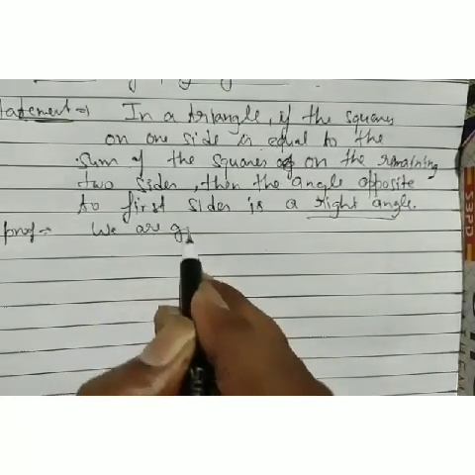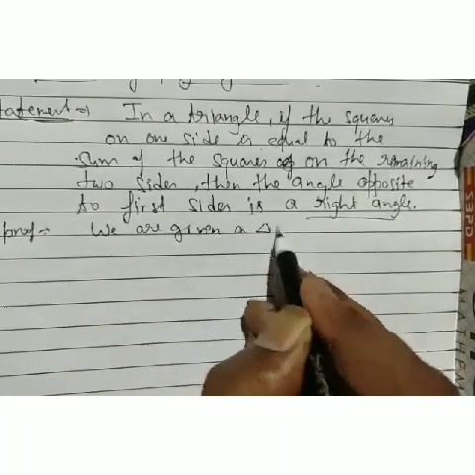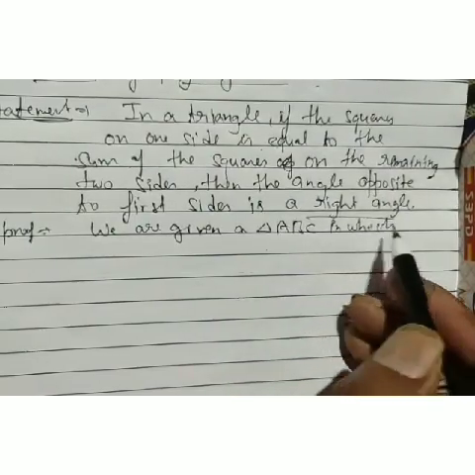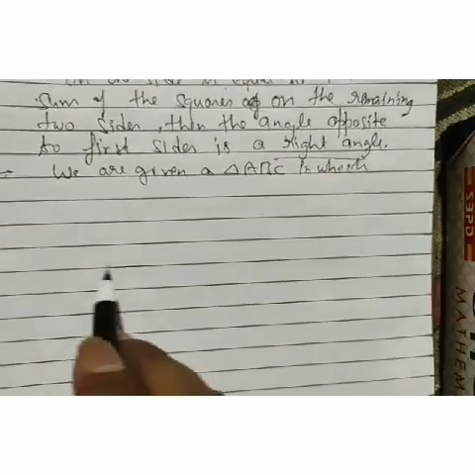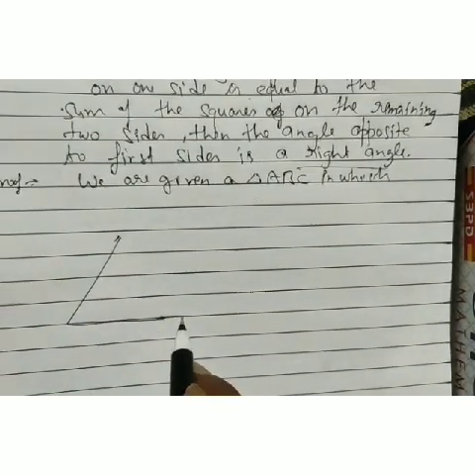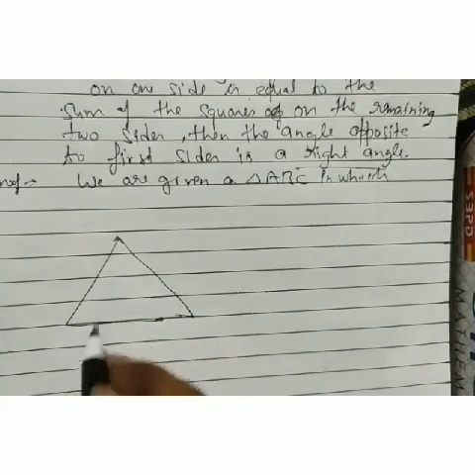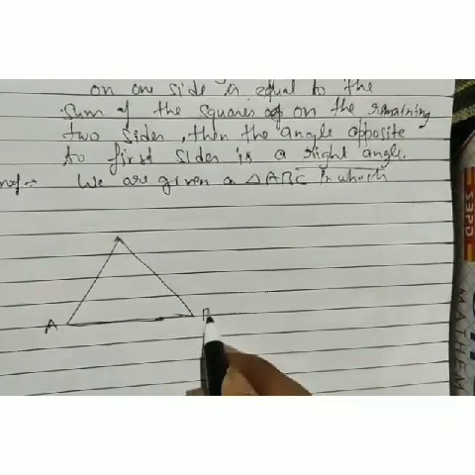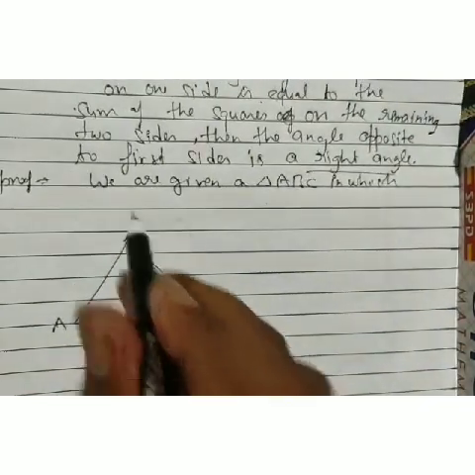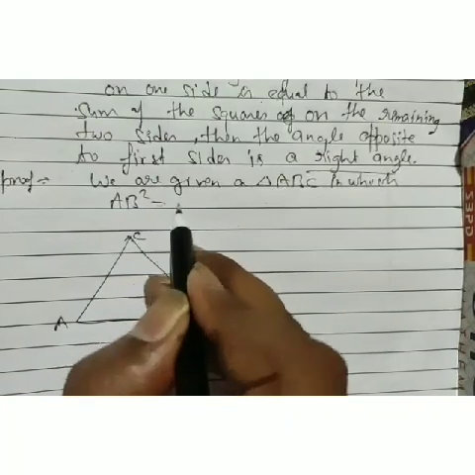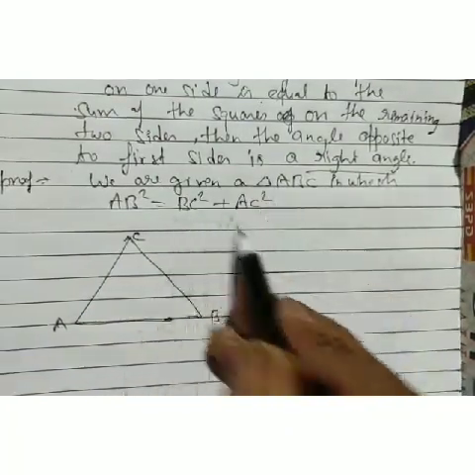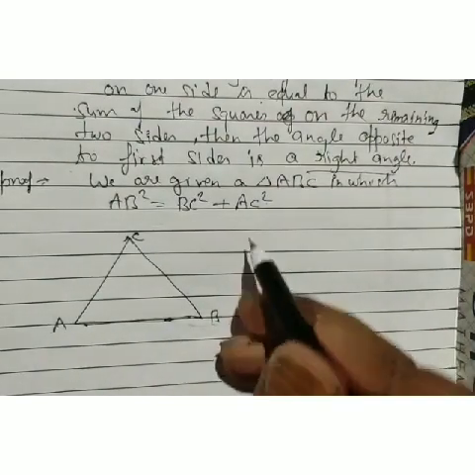We are given a triangle ABC in which AB square is equal to BC square plus AC square.